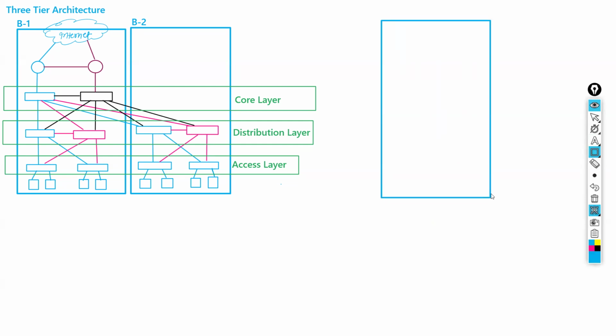So one building means the architecture will remain exactly the same. You will have departments, in the departments you will have switches, and with these switches you will connect your end host. Now to aggregate the traffic, you will use one more layer of switches, and for backup of this switch, one more switch you will use.